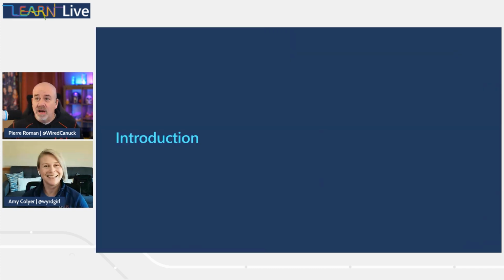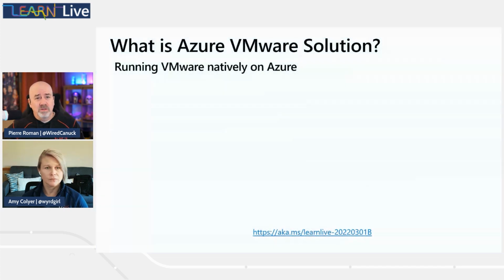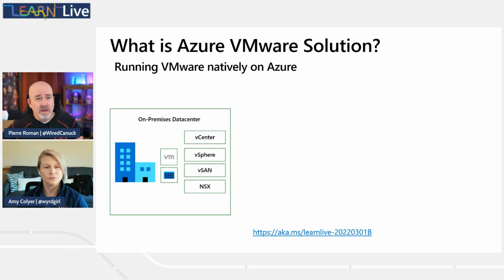That's right. But before we get into planning, let's do a very quick introduction for those of you who may not know what AVS or Azure VMware Solution is. Azure VMware Solution is running VMware natively on Azure.